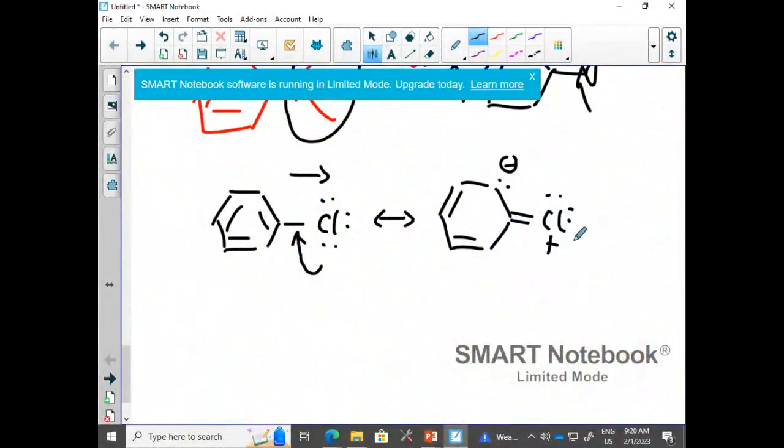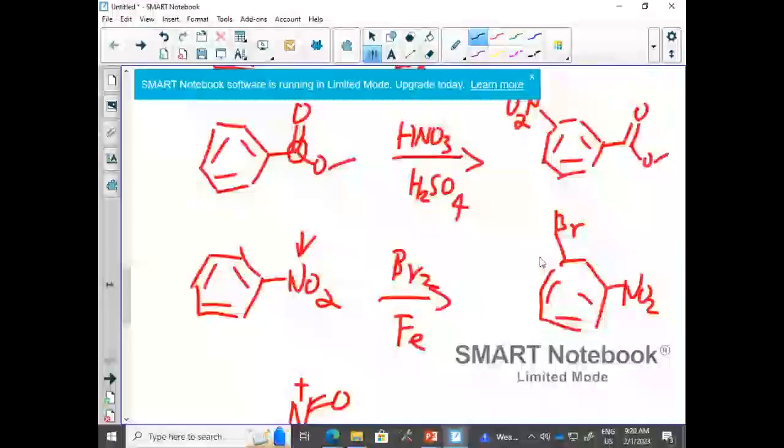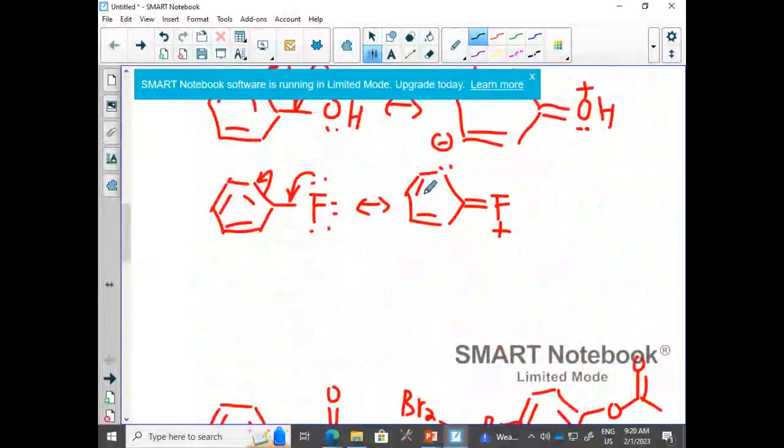So this form's contribution is substantially smaller than the contribution in fluorobenzene. So the lone pair resonance effect of chloro or bromobenzene is weaker than fluorobenzene. That makes chloro and bromobenzene actually less reactive than fluorobenzene in EAS reaction because the lone pair effect is much weaker.